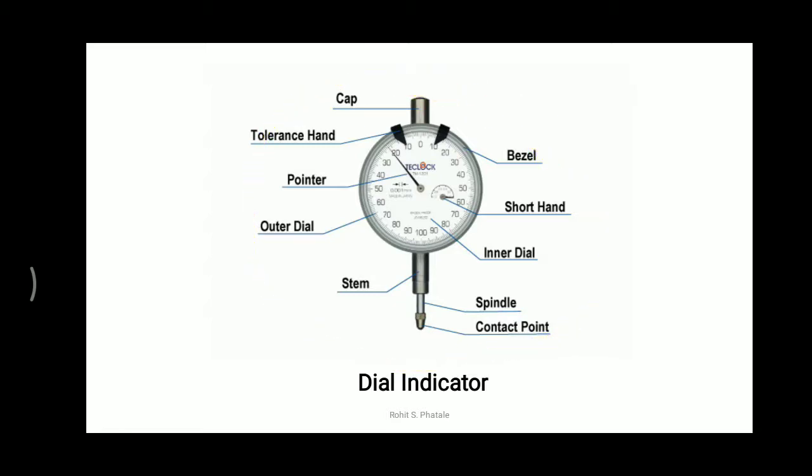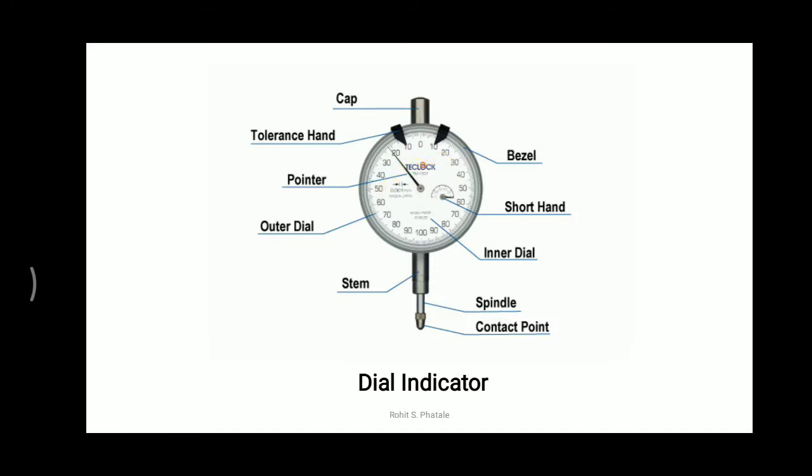This is the stylus, and this is the contact point they have shown here. Then a spindle is here. This spindle is further connected to the internal linkages, and the internal linkages are connected to the pointer. As this contact point moves up and down, the pointer will oscillate on this circular scale.